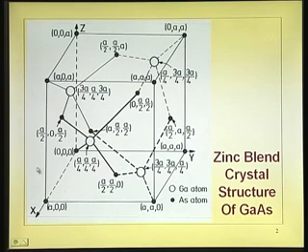In the zinc blende structure, all these black ones are the arsenic atoms, and all these open circles, you see the 4 of them, are gallium atoms. So, on all the corners of the cube you have arsenic atoms.